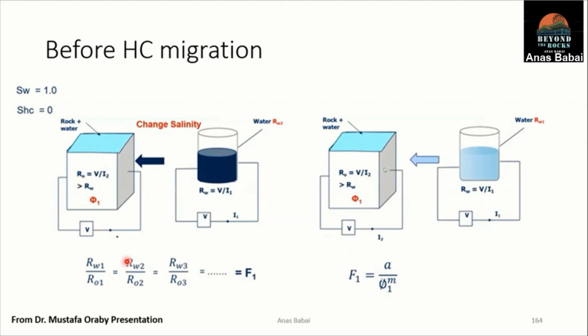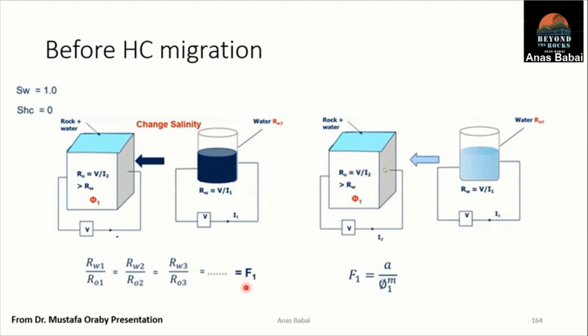So he got RW2 and R02. The values are different from the previous one, and he repeated the experiment again and got RW3 and R03. What he found is that all three experiments give the same constant value.